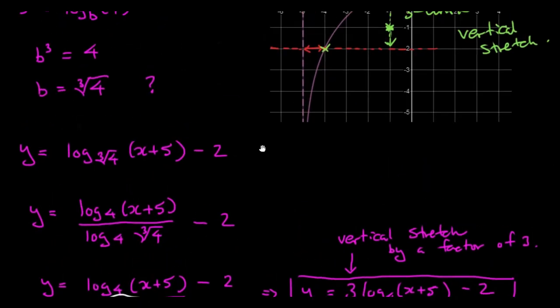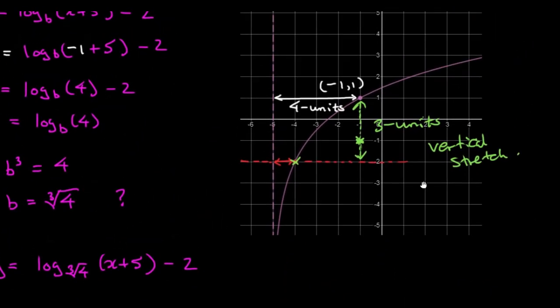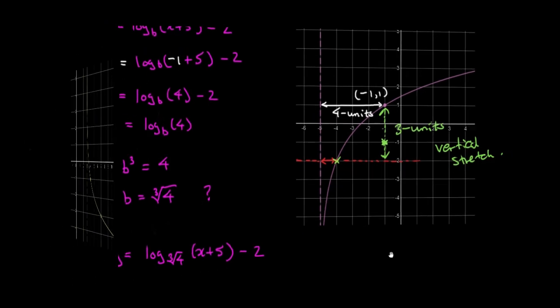Also open your eyes and your minds to this possibility that if you recognize this point is 4 units from your vertical asymptote, that is your base, and the distance that point is above your pretend x-axis is actually going to be your vertical stretch.